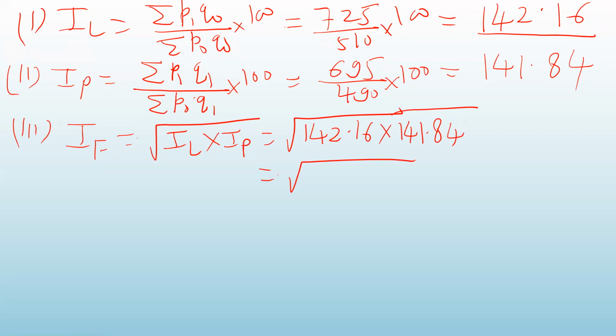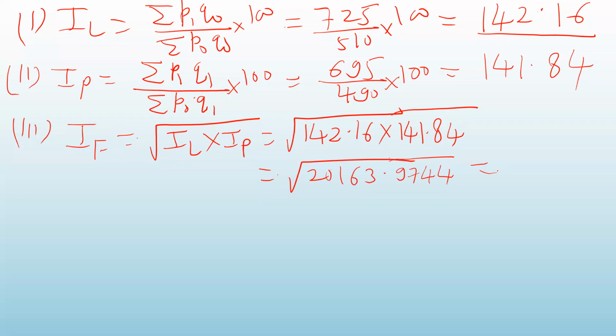When you multiply 142.16 by 141.84, you will get 20,163.9744.